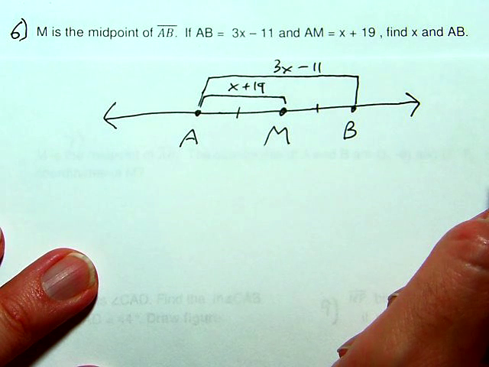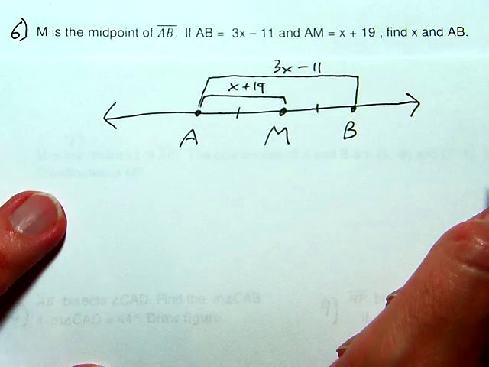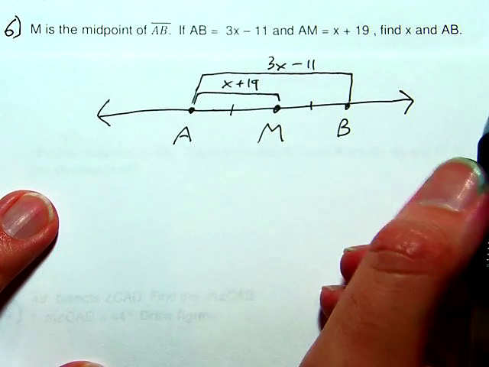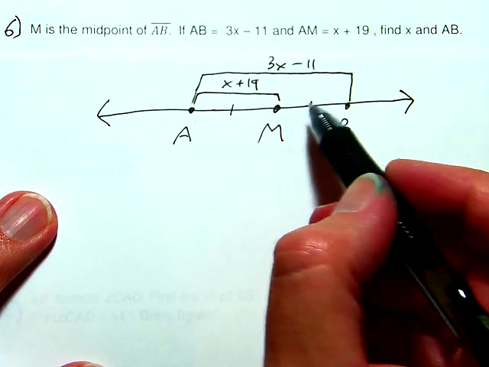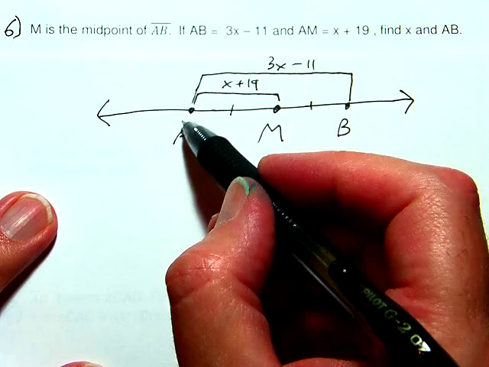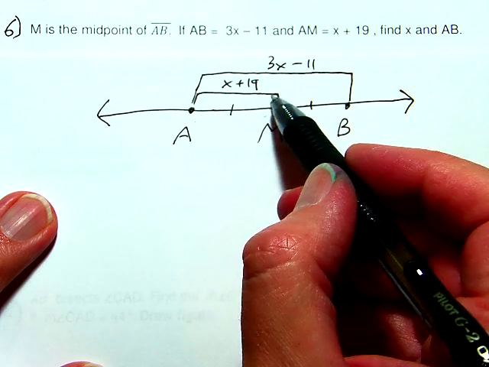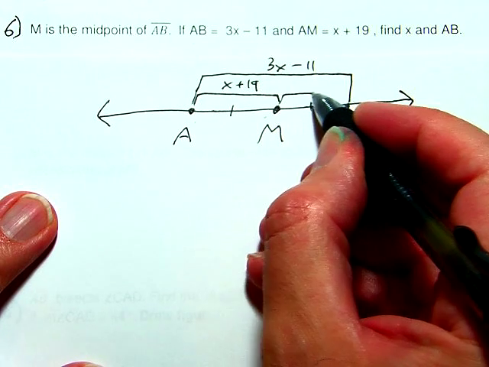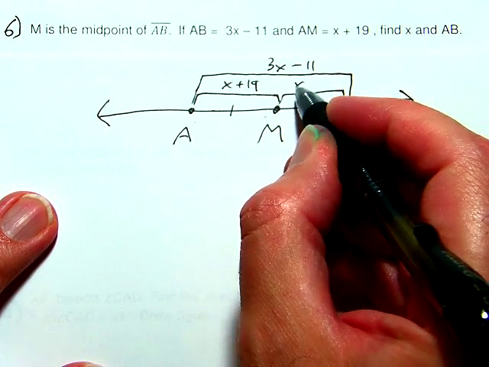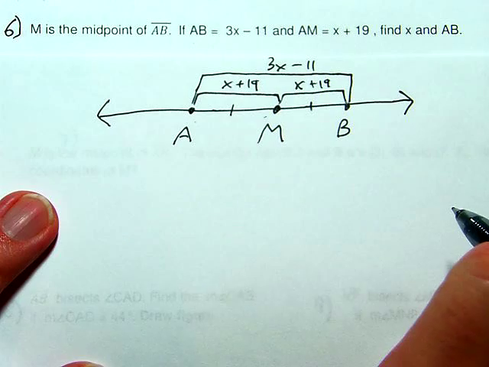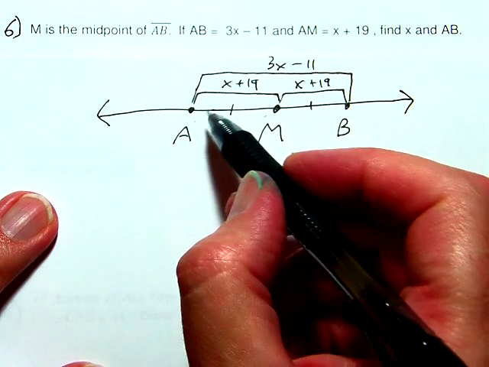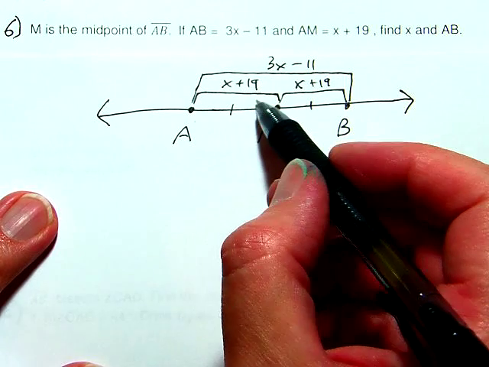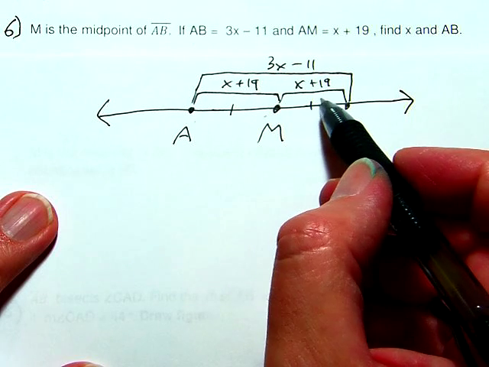Well, there's a few ways we could look at this, but one way is that if AM is equal to MB, and we know AM is equal to x plus 19, then we know that MB is also equal to x plus 19. So from A to M is x plus 19, and from M to B is another x plus 19.